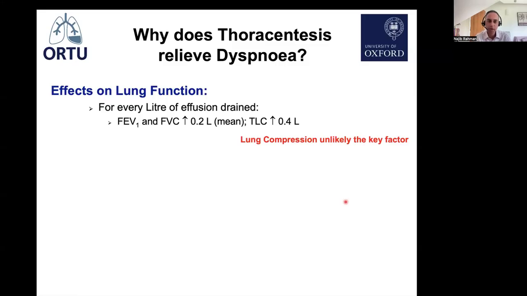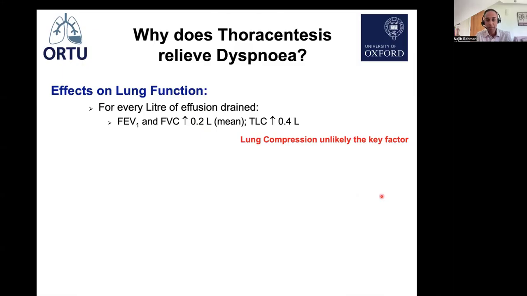We know from studies that if you drain a liter of fluid, you gain around 200 mils in the forced vital capacity. And all of you will know that a gain of 200 mils is really rather modest against a total FVC of about 5 or 6 liters. Despite that, the patient feels enormously better, so we feel that the gain in lung function is unlikely to be the main cause of their feeling improved.